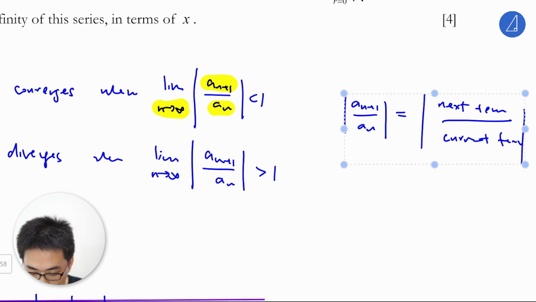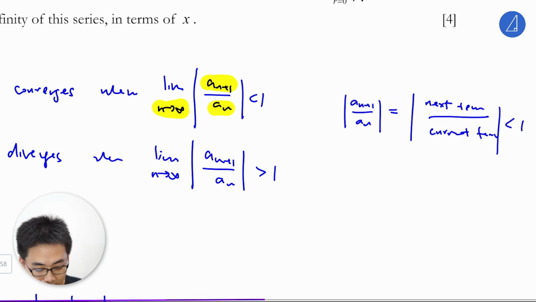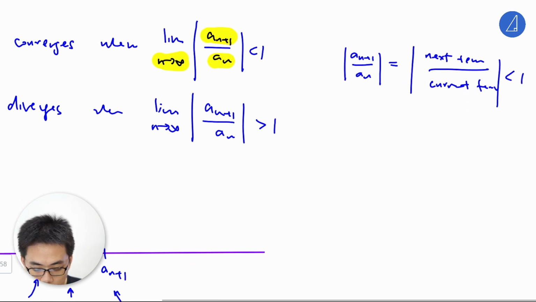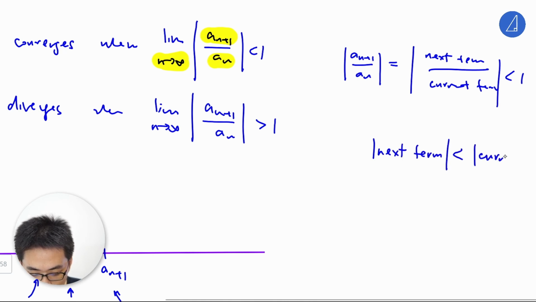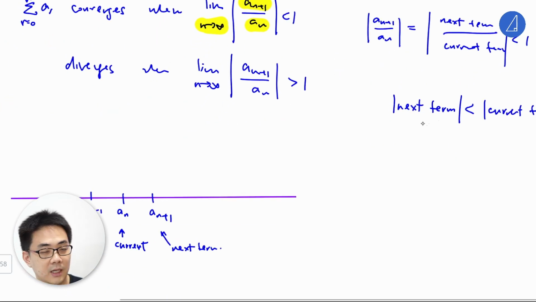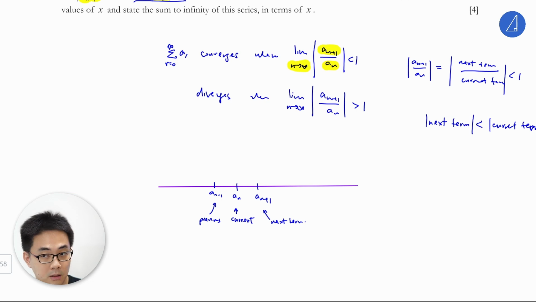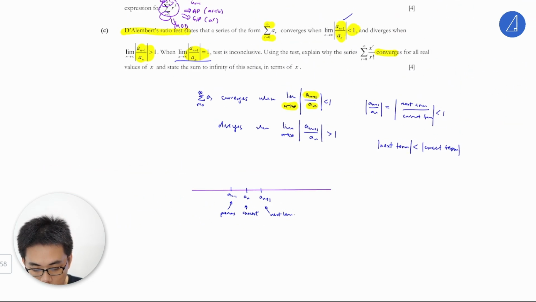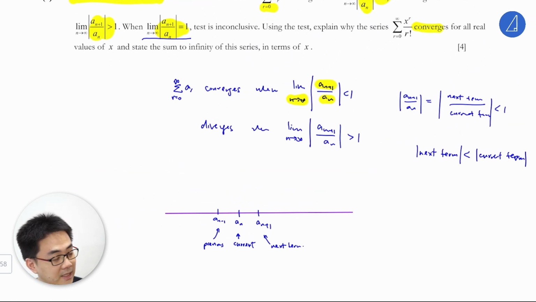The modulus of the next term over the current term is less than 1. So what can you deduce from here? Obviously, you know that the absolute value of the current term is bigger than the next term. Make sense? So essentially, if you think about it, it makes sense, right?